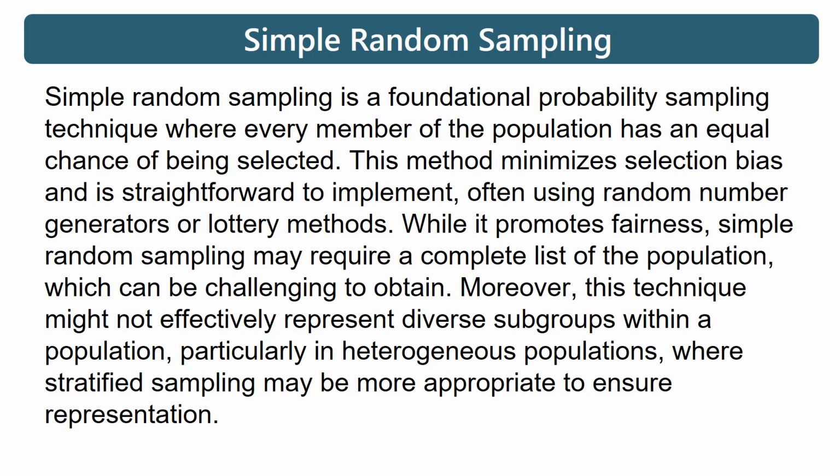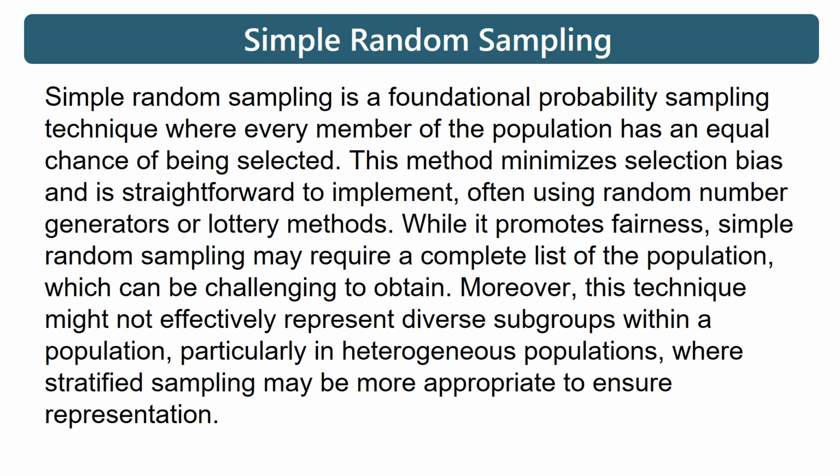Simple random sampling is a foundational probability sampling technique where every member of the population has an equal chance of being selected. This method minimizes selection bias and is straightforward to implement, often using random number generators or lottery methods.